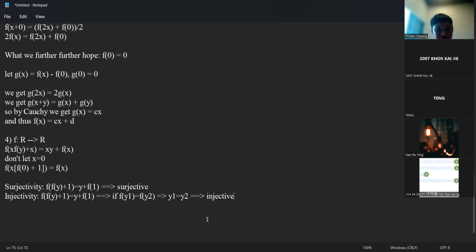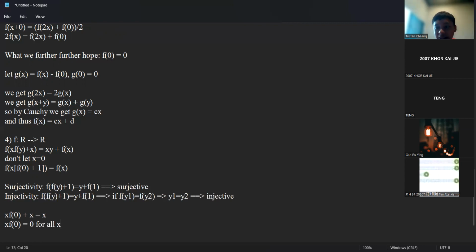And now, what can we do when it's injective? We can cancel out the f. So x f(0) plus x equals x. So x f(0) is 0 for all x.